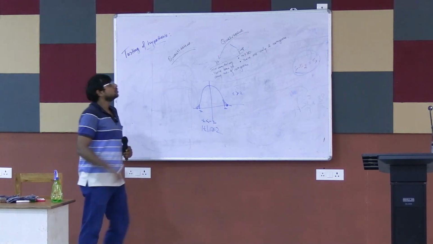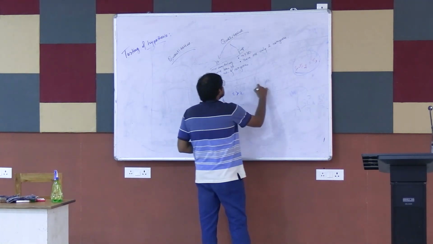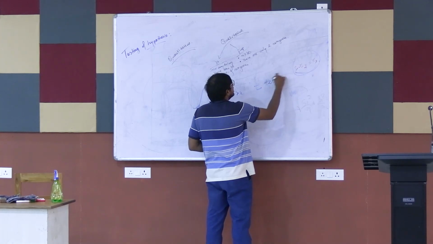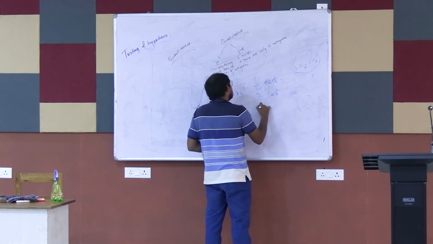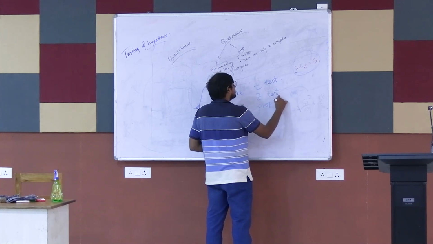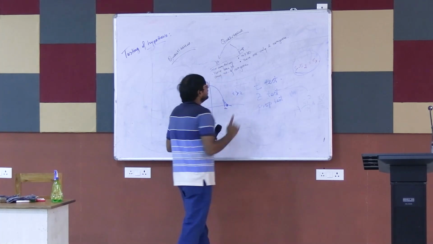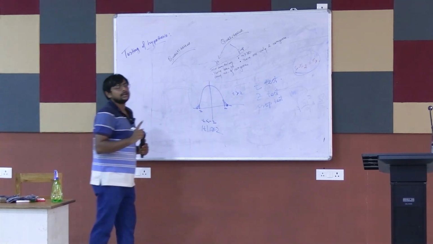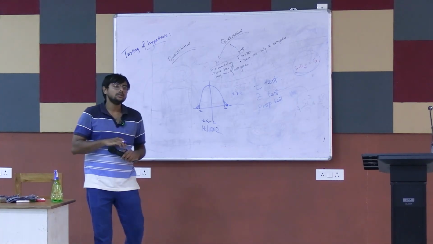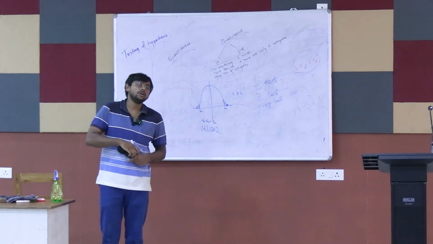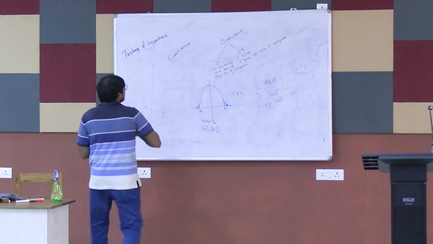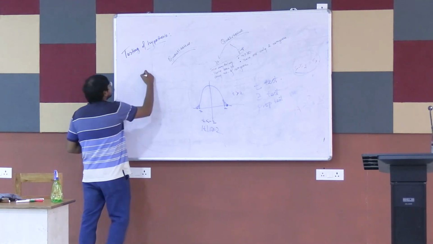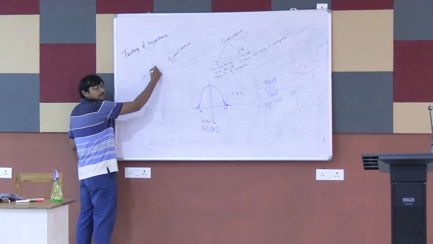Understood? So for the t test, for the z test, and for the proportion test, you can use a modulus in the numerator. How? I'll explain. What did we have in the t tests? In the numerator, x bar minus y bar.